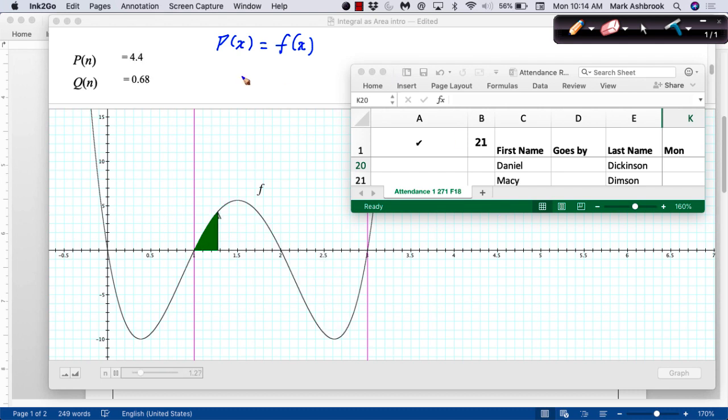What about Q of X? Of what quantity? Signed area. Right. So Q of X is showing signed area because what? It's going up, up, up, up, up. Area is increasing. Then what happens to the signed area now?